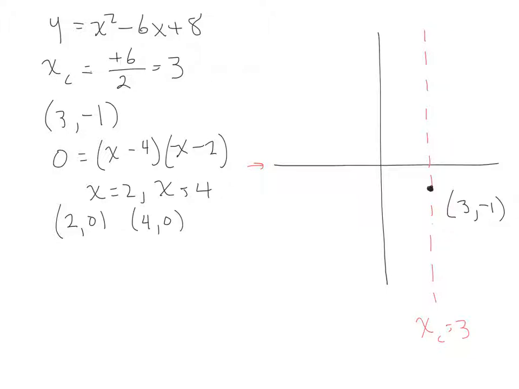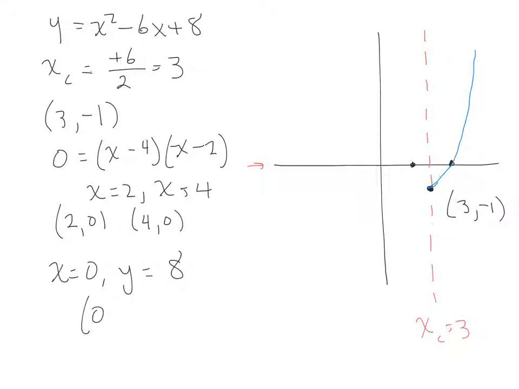So I think it's important to recognize and claim those points. So 2, 0 is going to be somewhere in here, and 4, 0 is going to be somewhere in here. And what we've done then is we've come up with our rough parabola. And before we finish off the left side, let's come up with the y-intercept as well. In other words, when x is 0, so when x equals 0, y equals 8, of course, and that's fairly easy to come up with.